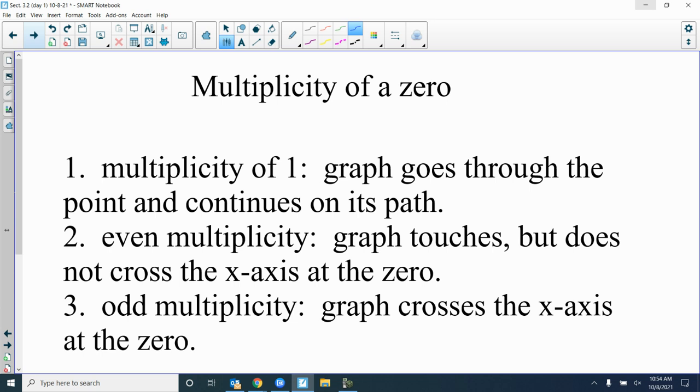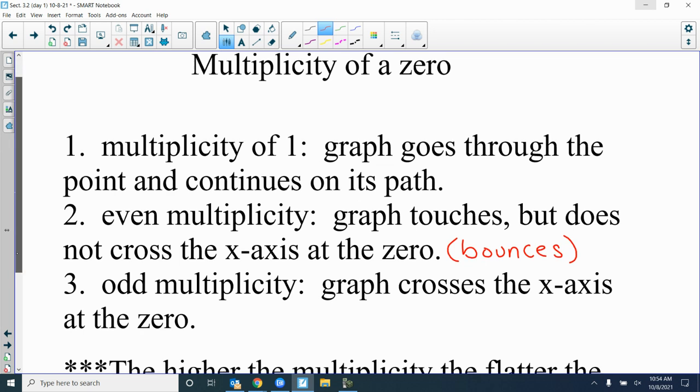If it has an even multiplicity, if the power on the outside is a 2, a 4, a 6, then the graph touches but does not cross the x-axis, it bounces.